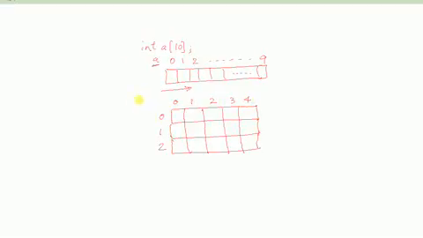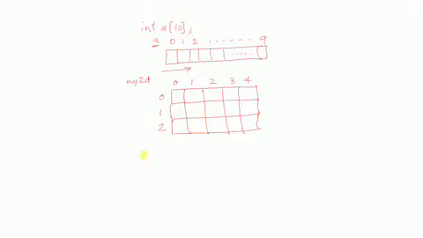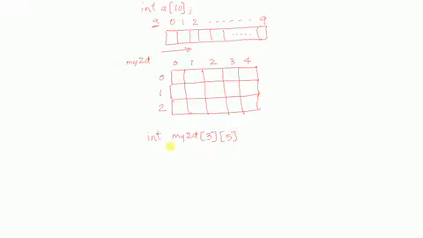So an array like this, let's say its name is my2D. The my2D array will be declared as int, or whatever type that you want, my2D, and first you have to specify the total number of rows, which is 3, and then one more pair of square brackets to specify the total number of columns, something like this.